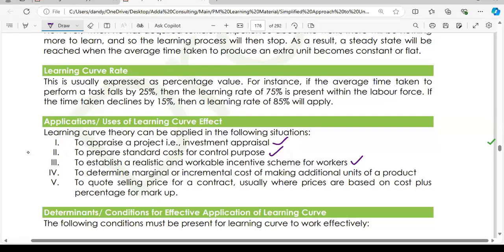Again, you can use learning curve effects to do this. Number five, if a company wants to quote a selling price for a contract, usually where prices are based on cost plus a percentage for markup, all right? In this case, you also need the learning curve effects. So these are some of the areas in which you can apply learning curve effects.